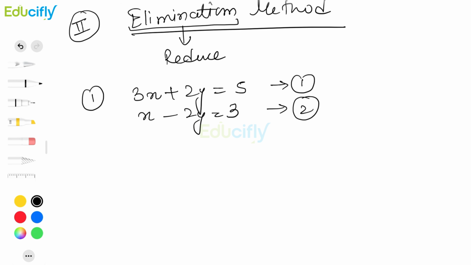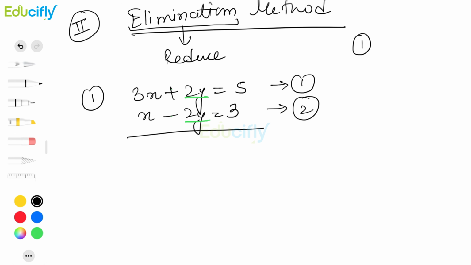Because I can see that I already have a 2y and a 2y, both with the same coefficients, right? Variable and coefficients are the same, and there is an opposite sign, so that's a plus point here. So how do we solve it now? We are simply going to add these two equations, as they have two main things.